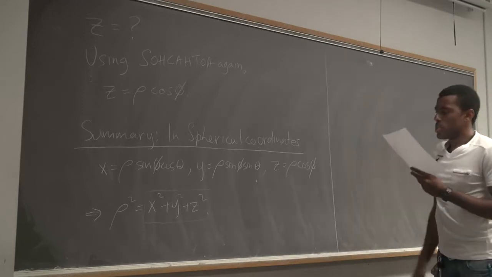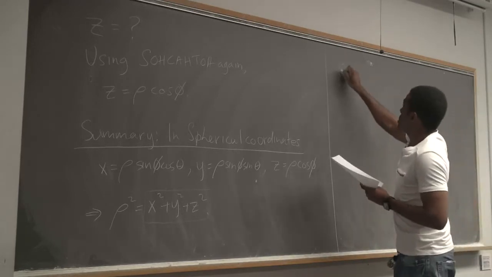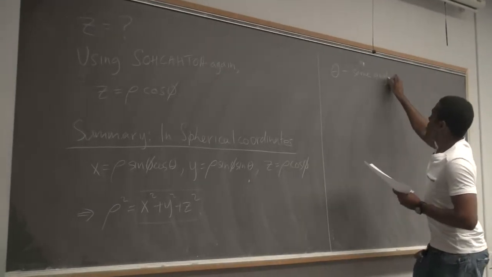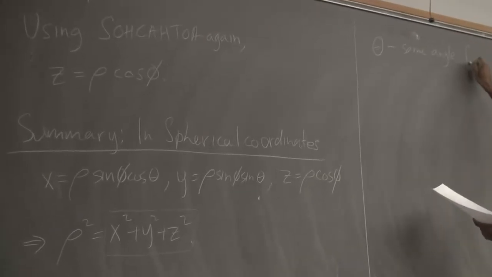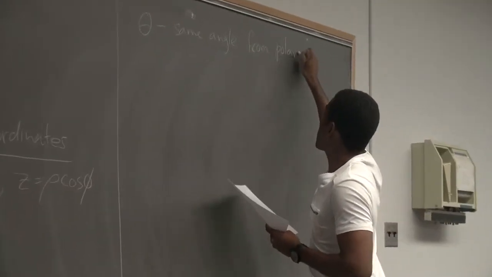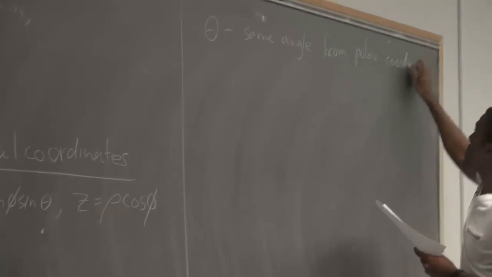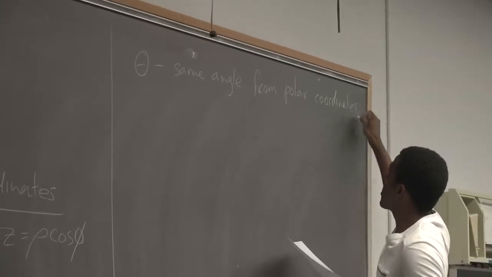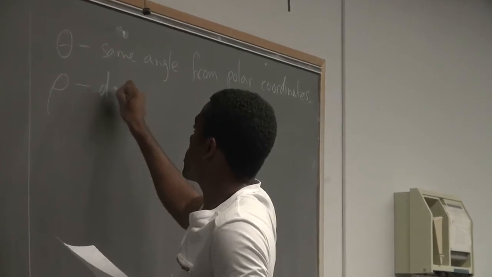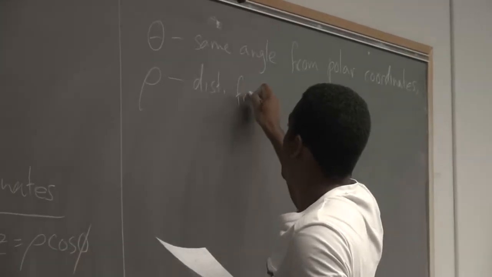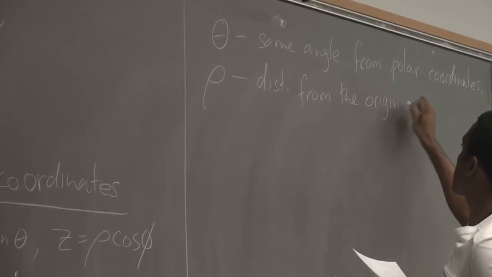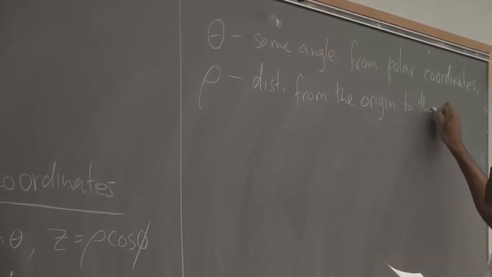Let me just make some notes on the angles. Theta is the same angle from polar coordinates. You don't really think of it any differently. Rho is the distance from the origin to the point.